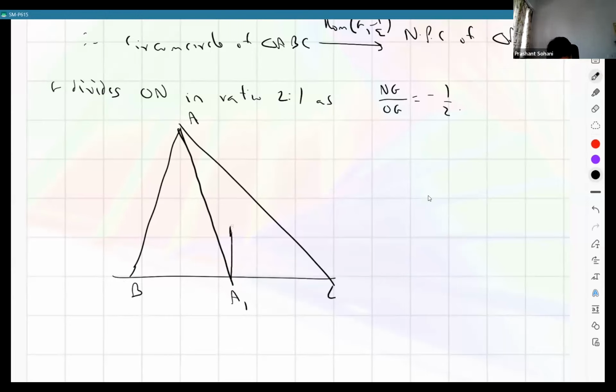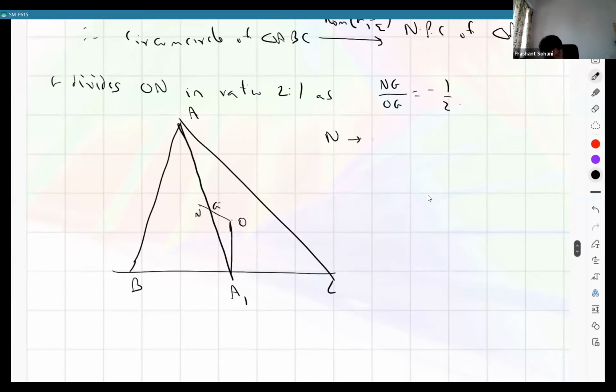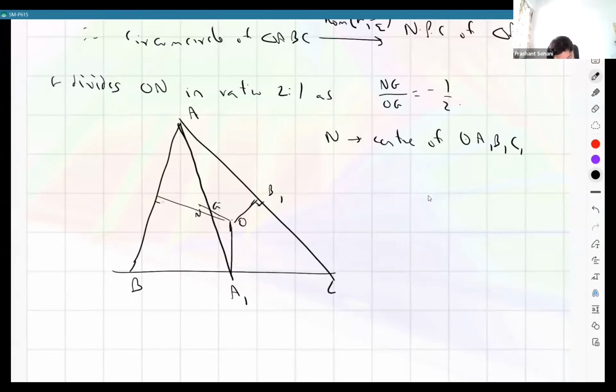Let O be the circumcenter, and right now I'm going to say N is the center of circle A1B1C1. I'm calling it N because I know it is going to be the 9-point center, but we don't know that yet. I want to prove that it is the 9-point center. That is why I'm just calling it the center of the A1B1C1 circle.